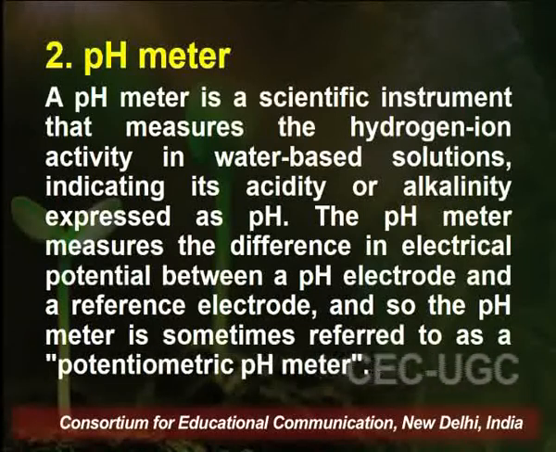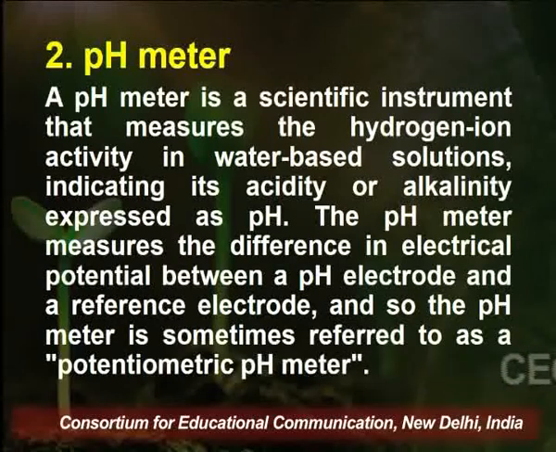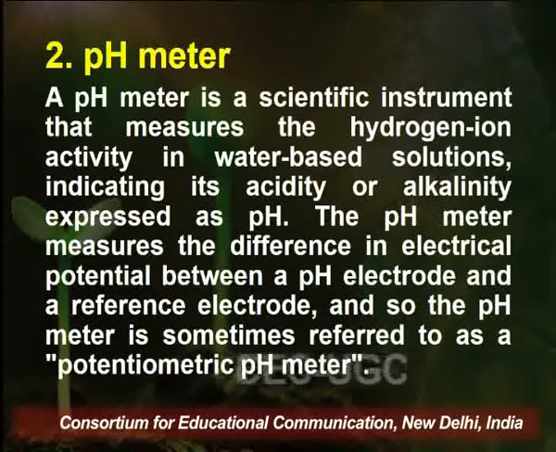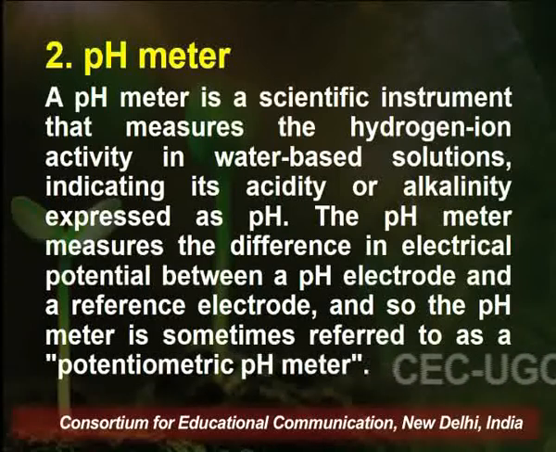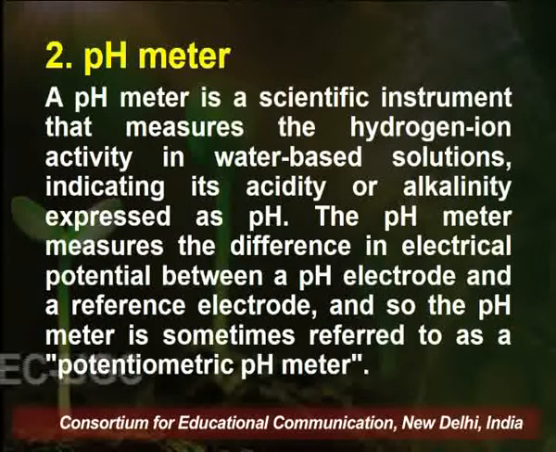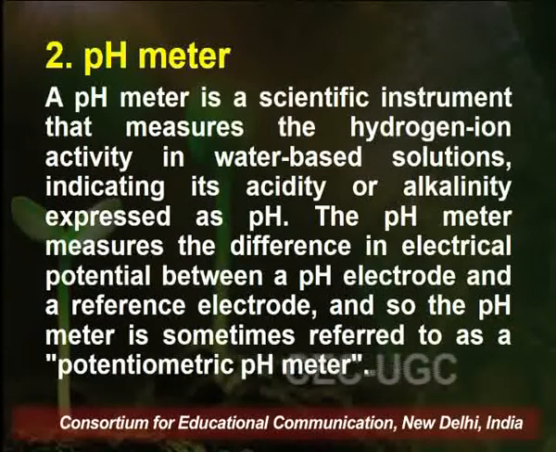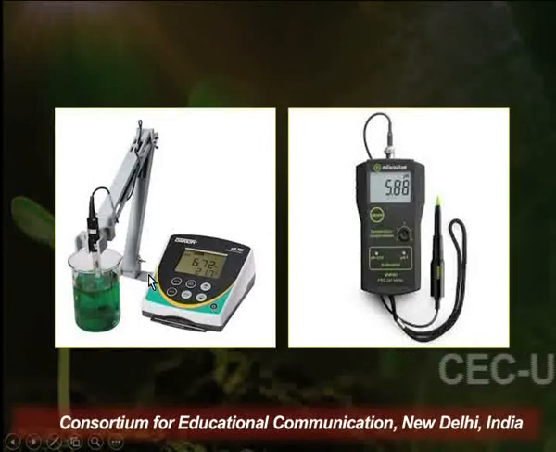The pH meter measures the difference in electrical potential between a pH electrode and a reference electrode, and thus the pH meter is sometimes also referred to as a potentiometric pH meter.